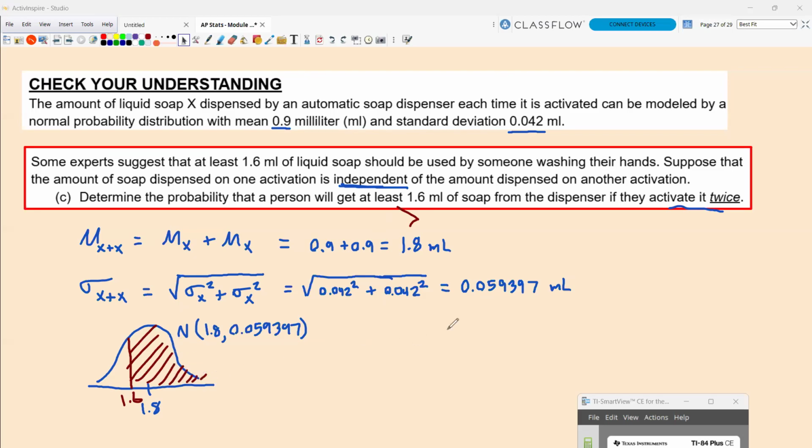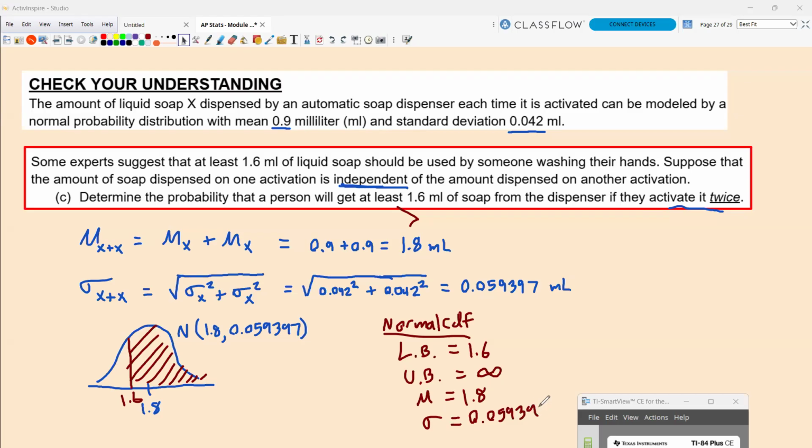So this is going to be a normal CDF. Your lower bound, I'll write LB, is going to be 1.6. Your upper bound, infinity, since it goes to the right. Your new combined mean, 1.8. And your new combined standard deviation, which is 0.059397.